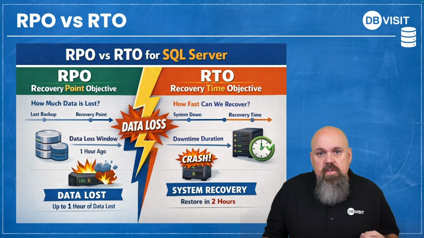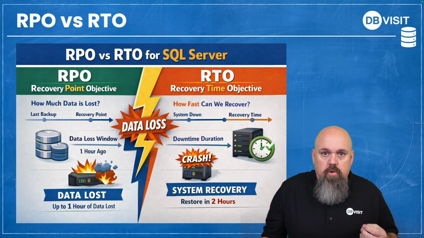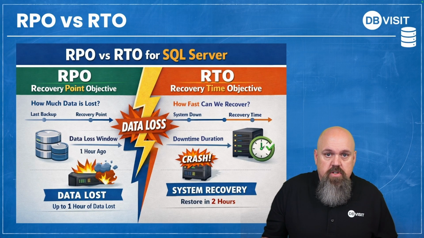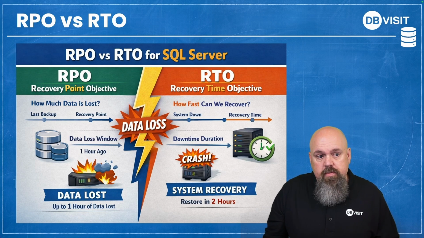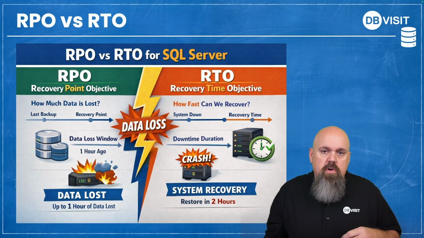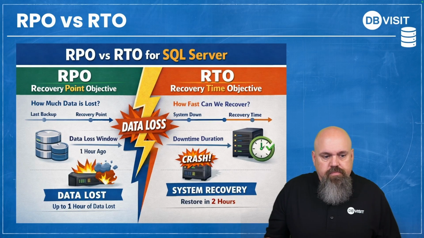Some disaster recovery solutions can't meet those goals, so you need to make sure that you align your solution with the organizational RPO and RTO values. As we go forward in future content, you'll probably see more and more of RPO and RTO come into the picture, as we relate it to the products that we have.